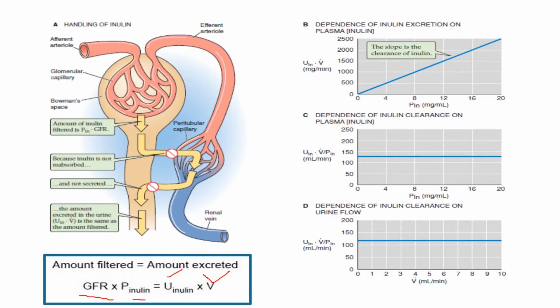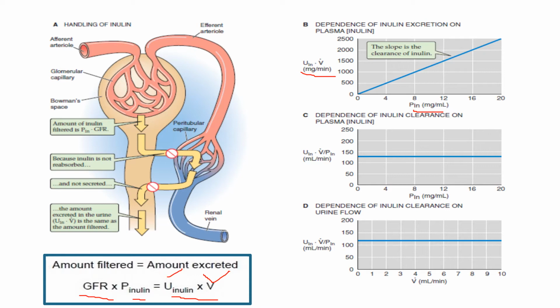Now, assuming GFR does not change, in the first picture I am plotting the rate of inulin excretion on the y-axis, and looking at its relationship with the plasma concentration of inulin.